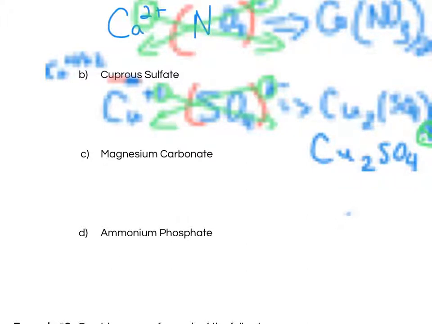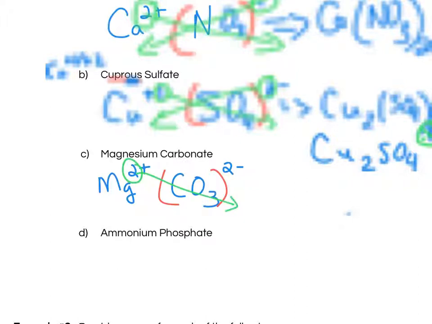Okay, let's try 2 more examples here. So I've got magnesium, which has a 2 plus charge. Carbonate tells me that I need to look on my chart to find out the formula for that polyatomic ion. I'm going to put brackets around my polyatomic ion and then cross down those charges.